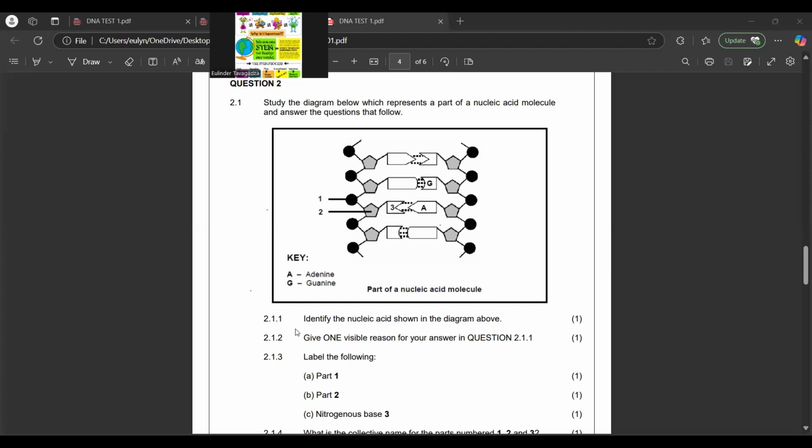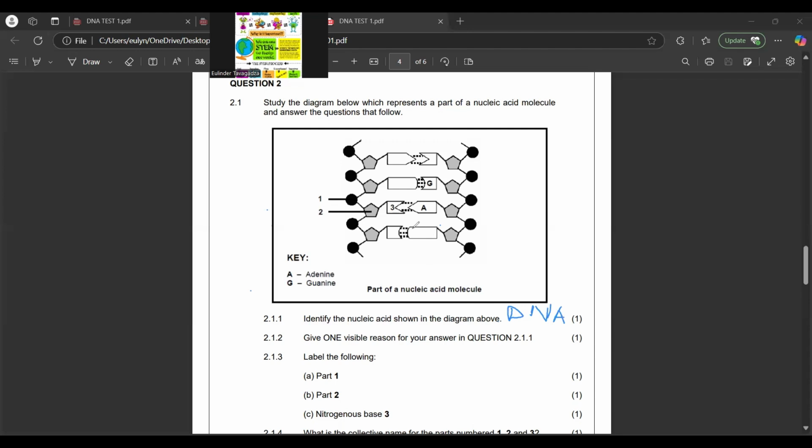Now the question comes, identify the nucleic acid shown in the diagram. Your answer is DNA. Give one visible reason for your answer. Why are you saying that this is a DNA?